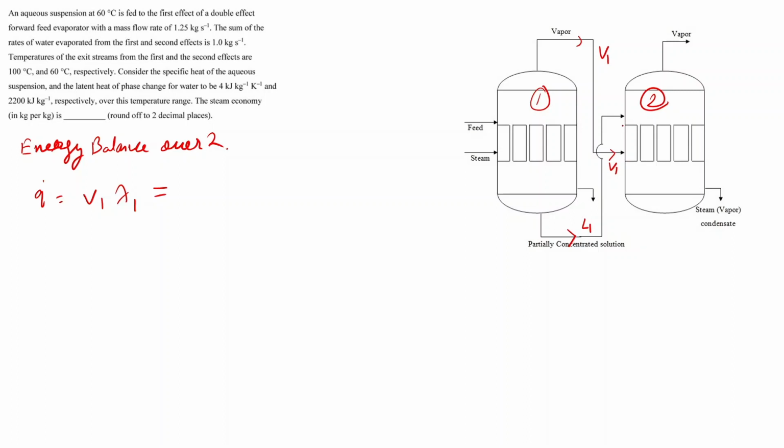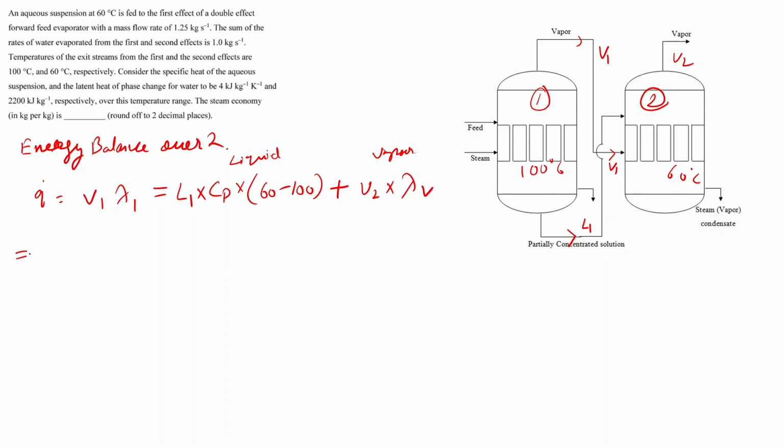The temperature over here was 100 degrees Celsius, and over here it is 60 degrees Celsius. So we can write it as L1 into Cp into the temperature difference, 60 minus 100, plus, this was for the liquid, and now we have to write it for vapor. The vapor generated here will be V2 into lambda.